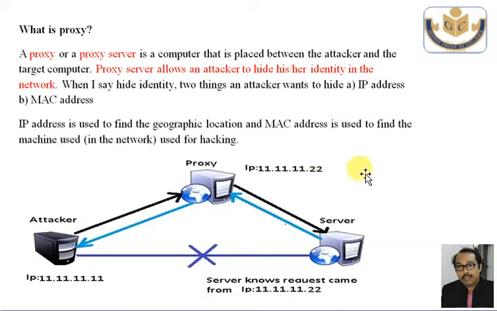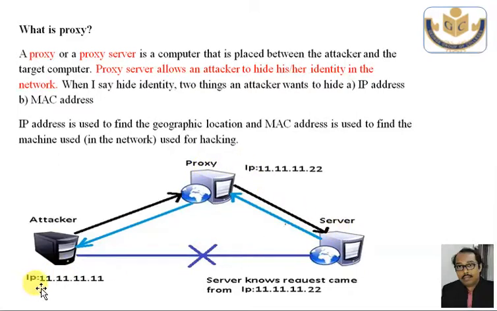Now think of this concept where an attacker is not directly connected to the server. See, I have made it cross. So what the attacker did, now the attacker tries to connect to the proxy. Now from the proxy, that request is forwarded to the server.